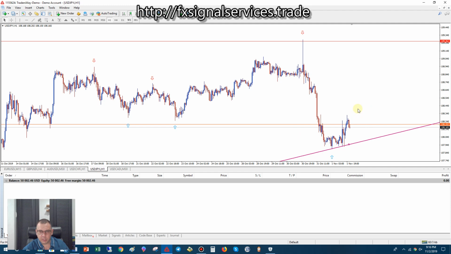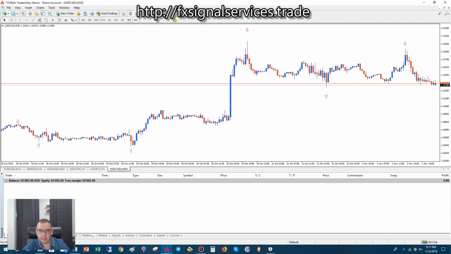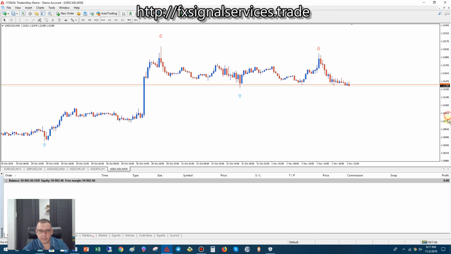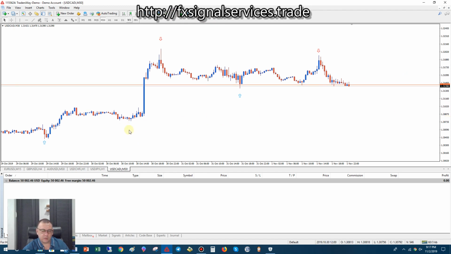You're going to see it shoot up some and then come back down, but overall this will be going up because the overall trend is bullish. And here on this one, USD CAD, we saw kind of like a range market this past week.